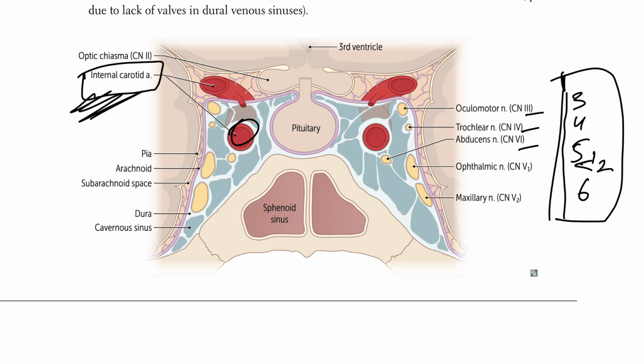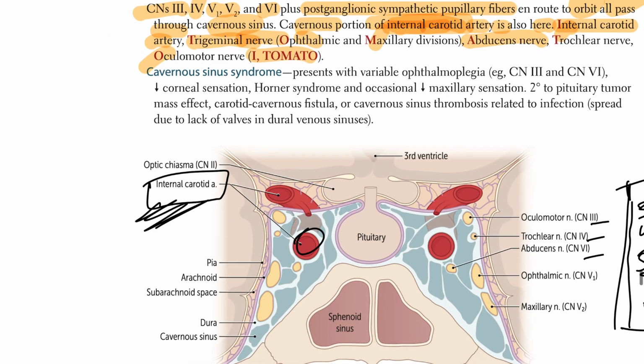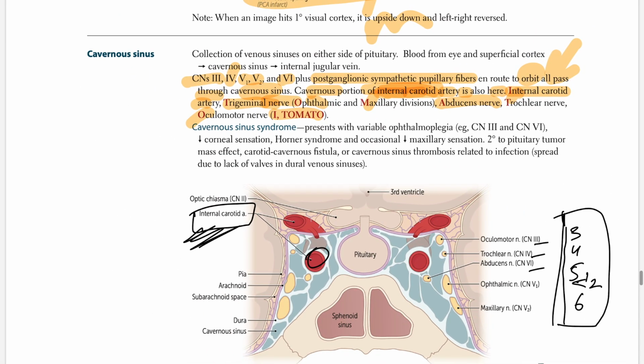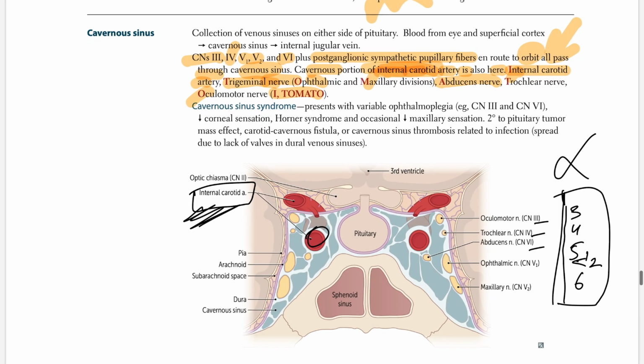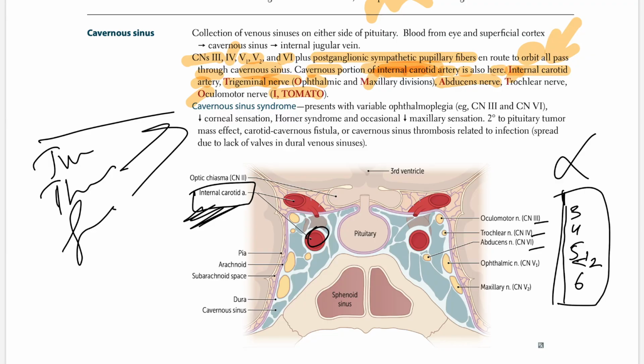They run in the cavernous sinus. And why is that important? Well, it is important because when you compress the cavernous sinus, you are going to knock out all these structures, and that's going to give a lot of problems. For example, how can you compress it? Well, you can compress it by any tumor, thrombus, or fistula. Anything that compresses the structures is going to compress this cavernous sinus.